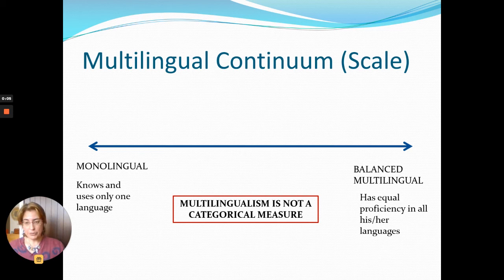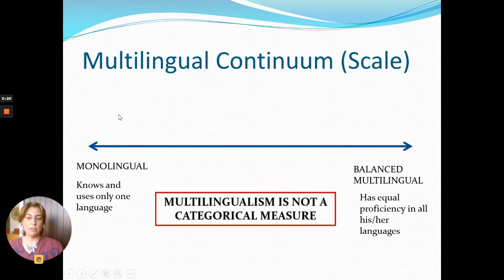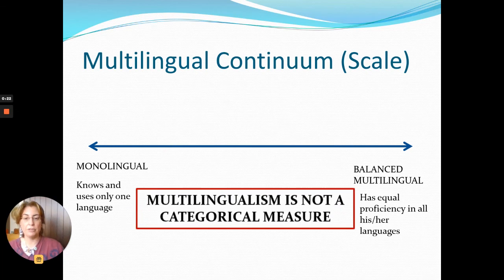So one way of capturing this difficulty in characterizing the multilingual, and one way of conceptualizing the phenomenon of multilingualism, is to consider that multilingualism is not a categorical measure.